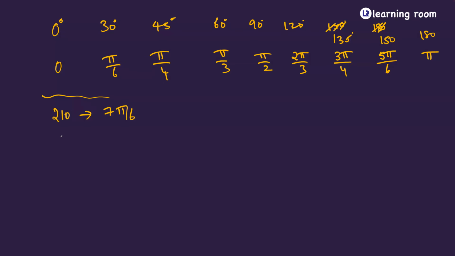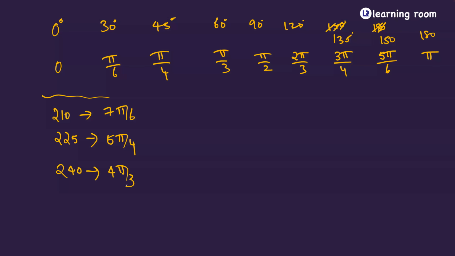Okay. Similarly, next is going to be 225. 225 is how many times 45? 5 times. So it is going to be 5 pi by 4. Understood? Then 240, so 4 pi by 3.